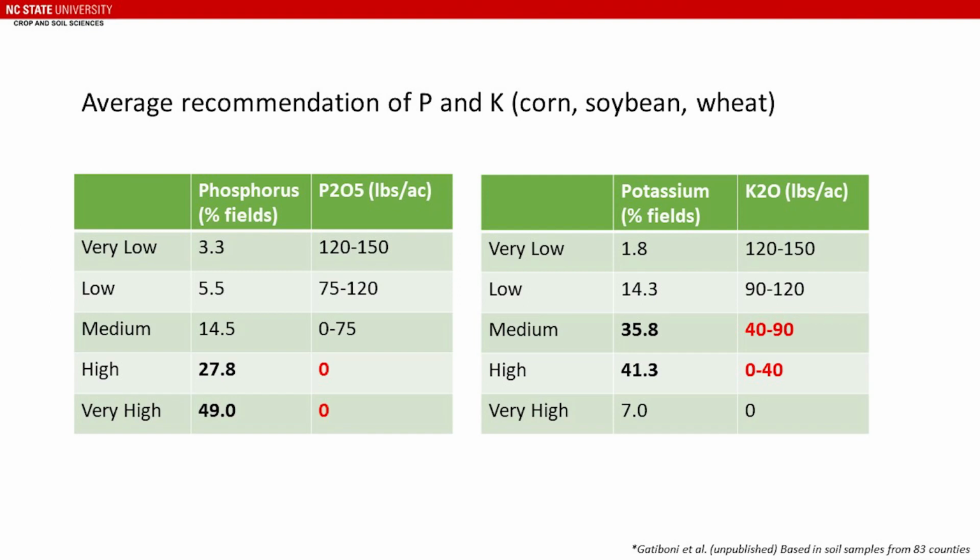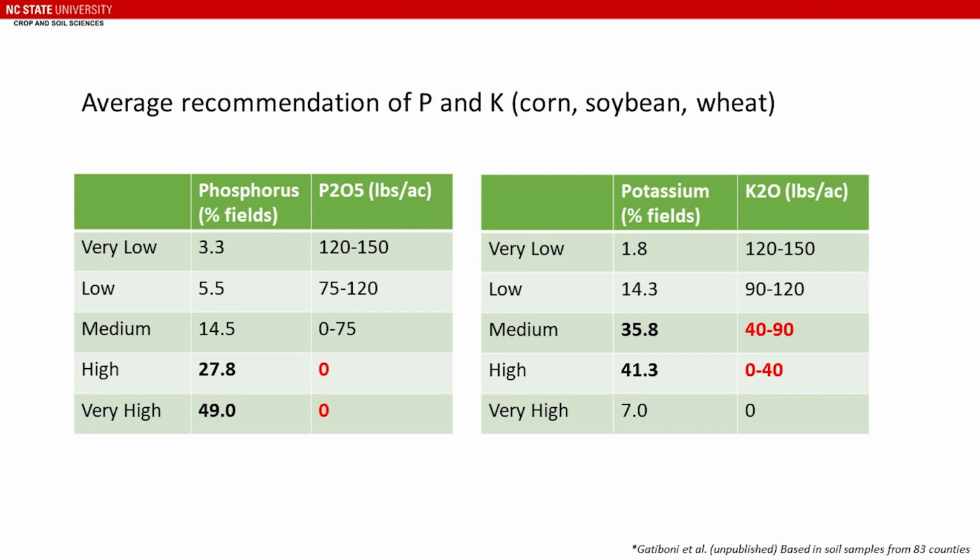But how can we know how much I have in the soil? Of course, soil testing is the way for us to quantify how much nutrient we have available. This is some data that we collected in the last 3 or 4 years. Many of these extension agents in this room helped us with samples for this.